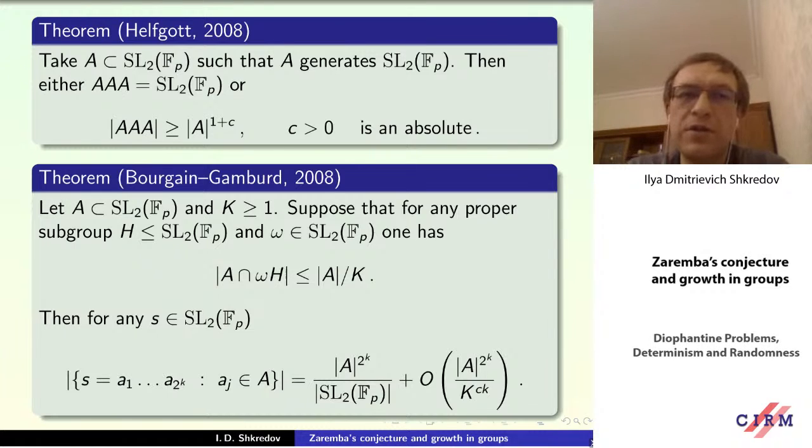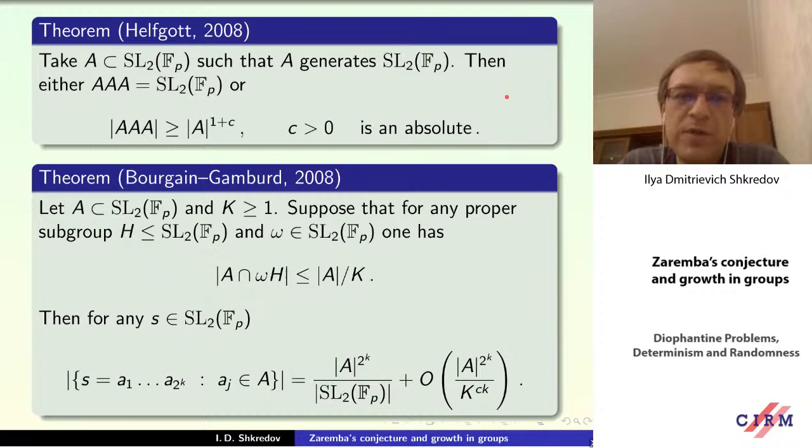Surprisingly, the methods use growth in groups. We use the following very beautiful theorem of Harald Helfgott, who proved that if I have a set A of matrices with coefficients over Fp and determinant equal to 1, and suppose that my set generates SL2 of Fp, then either A cubed equals SL2 of Fp, where A cubed is the set of all possible triple products A1 times A2 times A3, or this triple set grows exponentially fast.